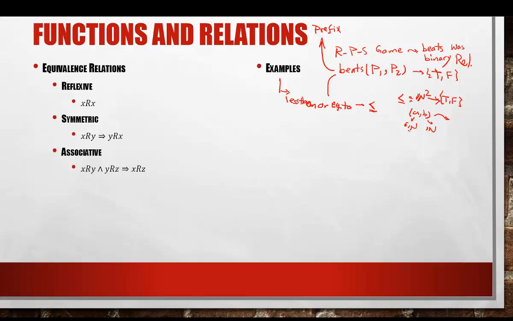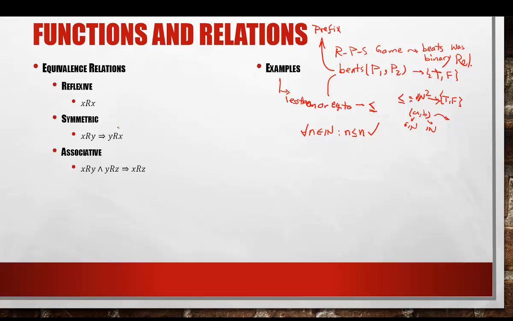So if the first element is less than or equal to the second element, then that relation is true, otherwise it's false. So less than or equal to is reflexive, because for every element n in the natural numbers, n is less than or equal to itself. So we say that relation is reflexive.